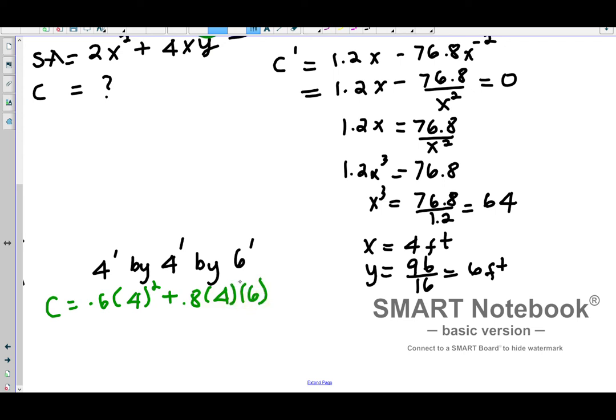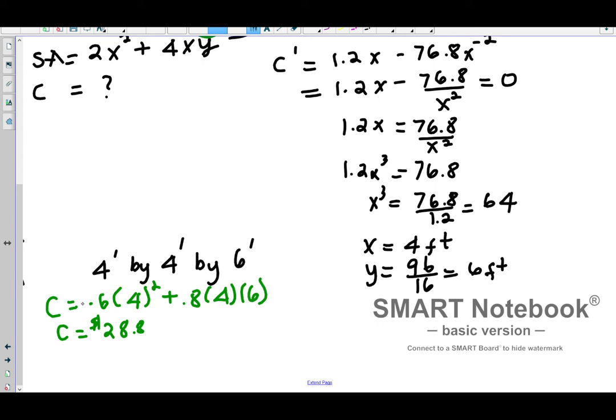So if you simplify that, 0.6 times 4 squared plus 0.8 times 4 times 6, you're going to get $28.8.